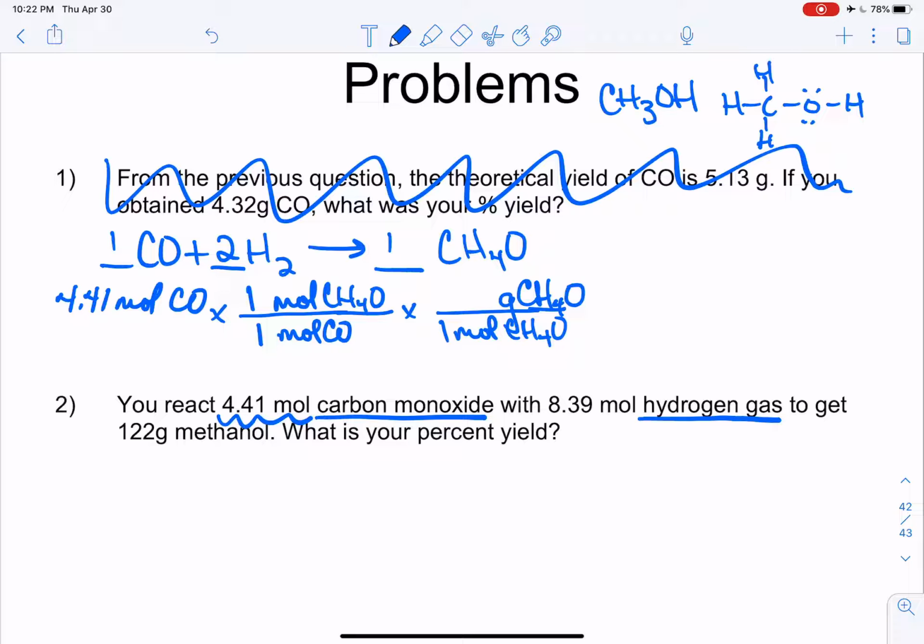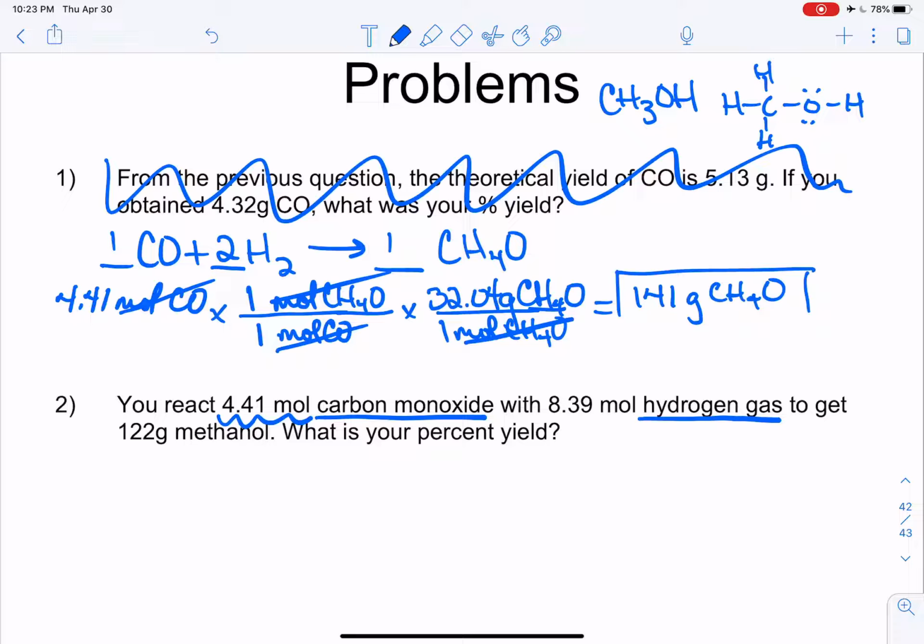And you guys would come up with 32.04 ish, remembering that that very last significant digit all the way on the right, the 4, there's a little bit of wiggle room there. Okay, so moles of carbon monoxide cancel, moles of methanol cancel, and when we do the math for this, what we're going to get is 141 grams of methanol.